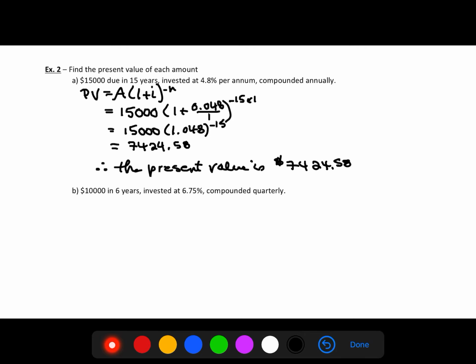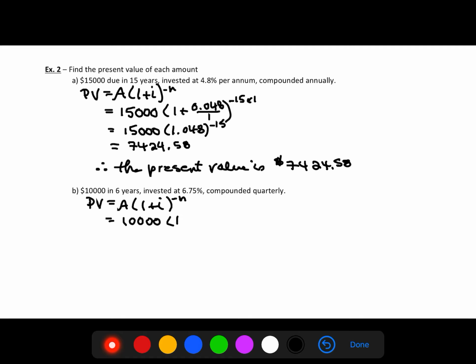So our present value is $7,424.58. Okay, so that's what we would have to deposit now for it to be worth $15,000 in 15 years.